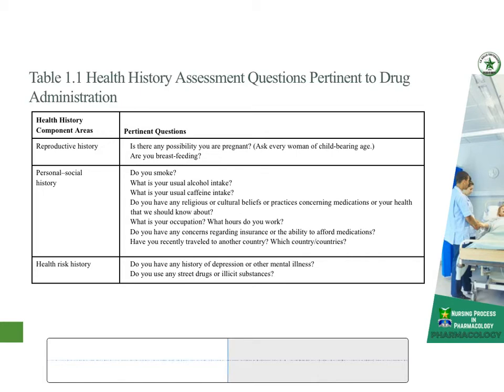So after that one, in identifying high risk patients, okay, there are multiple factors that can predispose an individual to adverse reactions from specific drugs. An important predisposing factor is the pathophysiology. Okay? For example, especially if the patient has impairment sa iyang liver o sa iyang kidney.